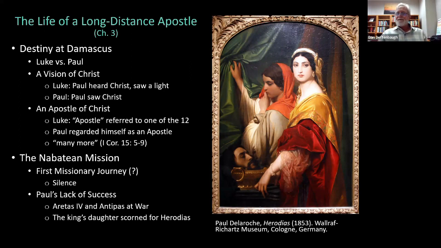Is Paul sent out by Christ, or is he sent out by the church in Antioch, and thus he understands himself to be an apostle in that respect? We know that he and Barnabas are sent out on what Borg and Crossan call the second missionary journey, but which is traditionally referred to as the first missionary journey. But all of this is to say that there's some discrepancy here, that Luke is drawing on a tradition that doesn't really match up with what we see in the authentic letters of Paul himself.